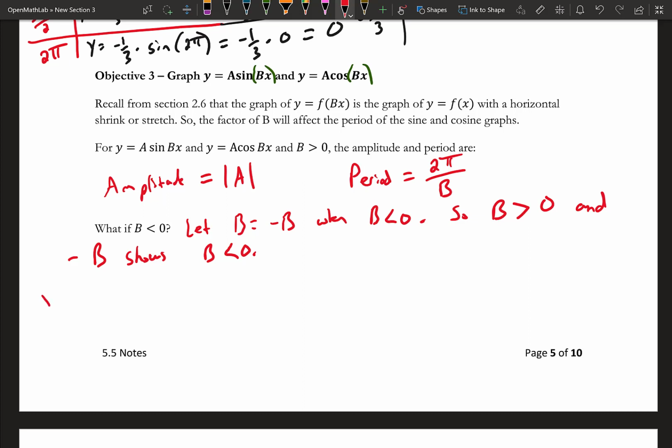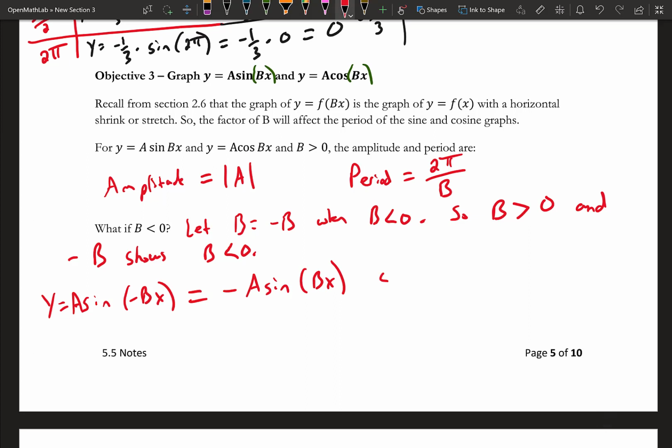So if I have y equals a times sine of negative bx, this would be equal to, so sine is an odd function, right? So this would be equal to negative a sine of bx, right?